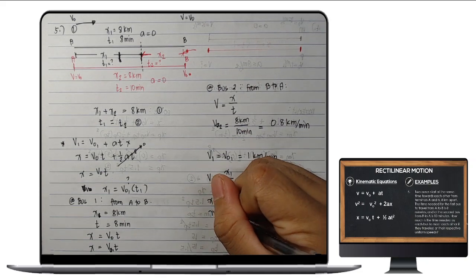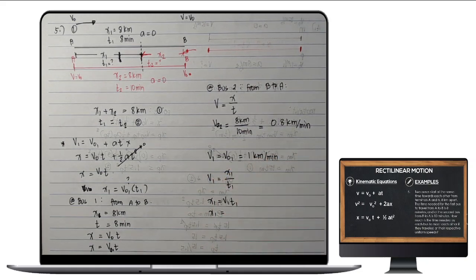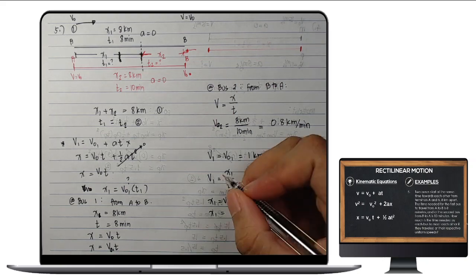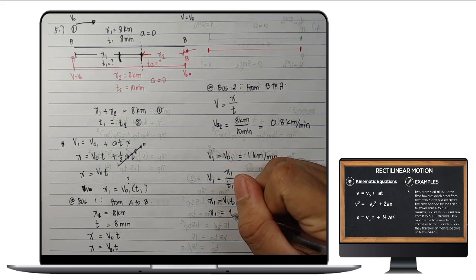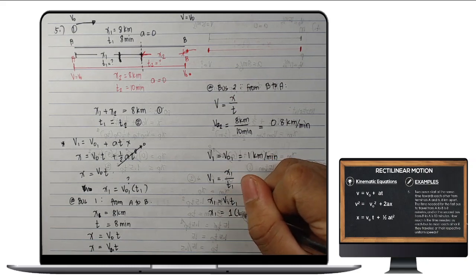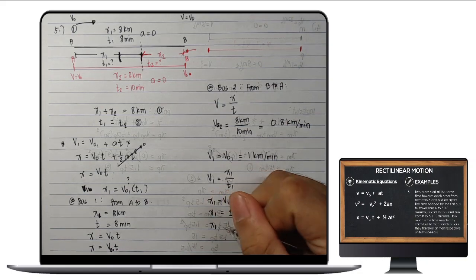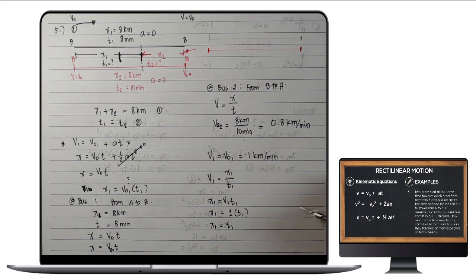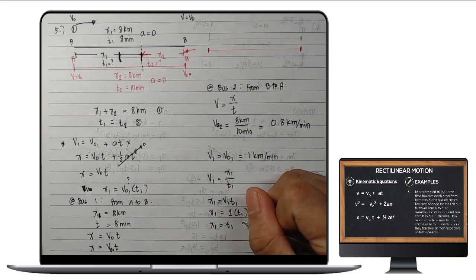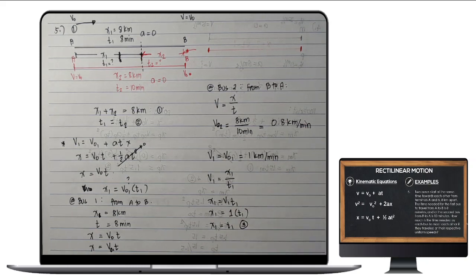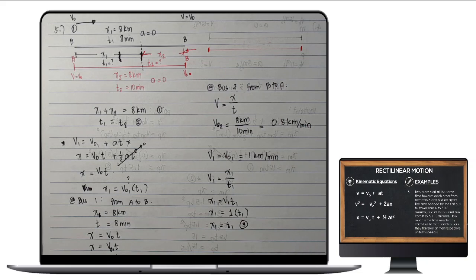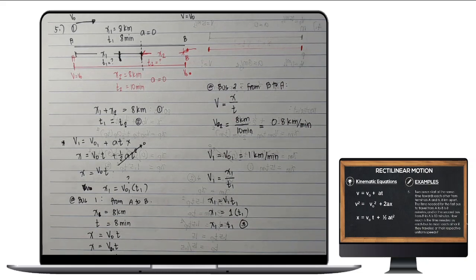So substituting, v sub 1 is 1 kilometer per minute times t sub 1. So we have x sub 1 is equal to t sub 1. Let's have this as equation 3. Okay? So we derive that x sub 1 is equal to t sub 1.